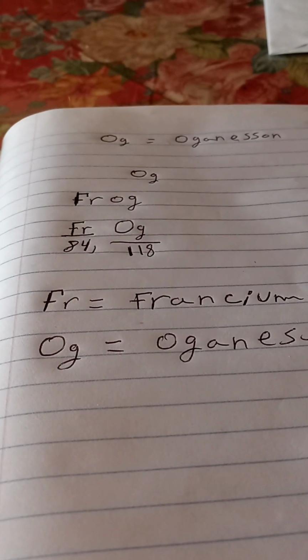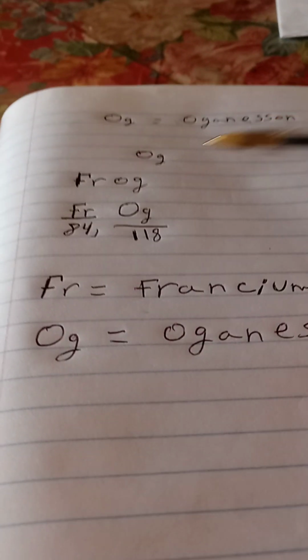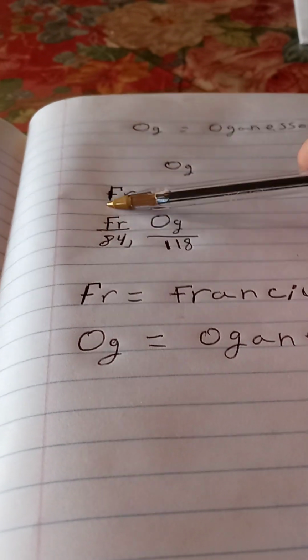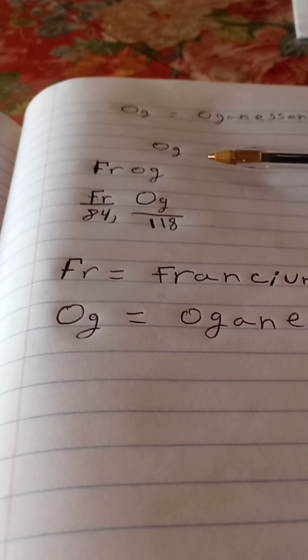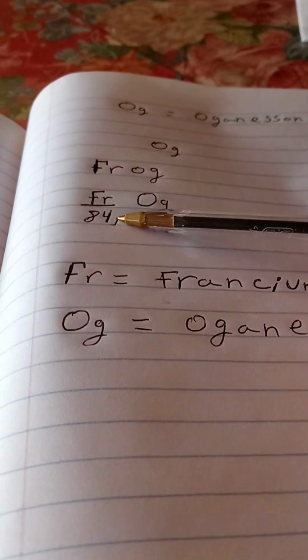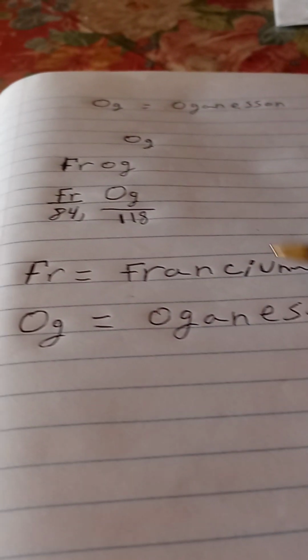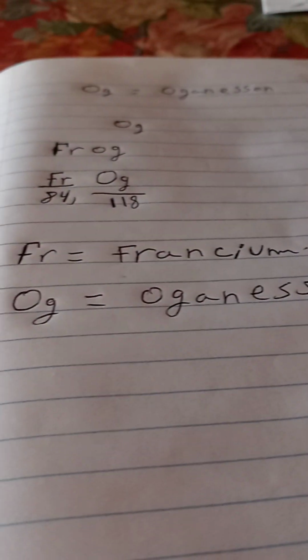You'll find that in the newer version of the periodic table of elements. Now, frog is a good way to remember it. F-R-O-G, right? Here you have capital F and the R from francium and a capital O and a small g for Oganesson.